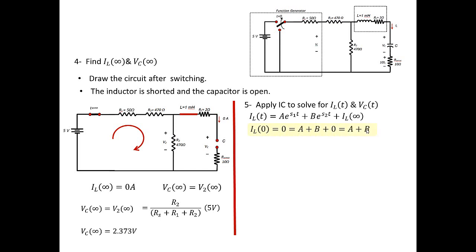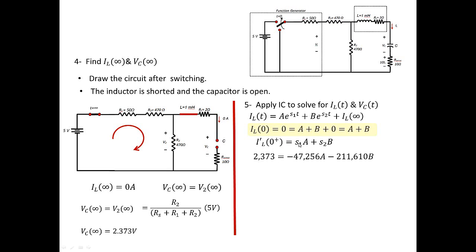Now I'm going to apply the second initial condition, and I will say that the derivative IL prime at 0 will equal, when you take the derivative, the S is going to come out front. So you're going to have S1 times A, and e to the S1 at 0 is 1, so you have S1A, and here you're going to have S2B. And we know that the derivative IL prime at 0 plus is 2373.